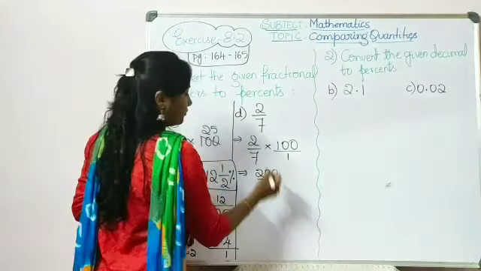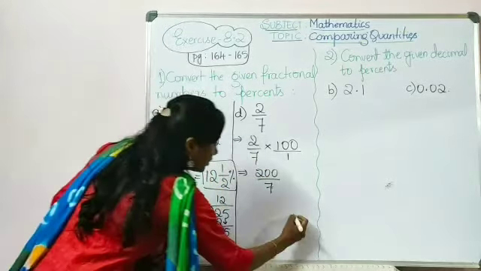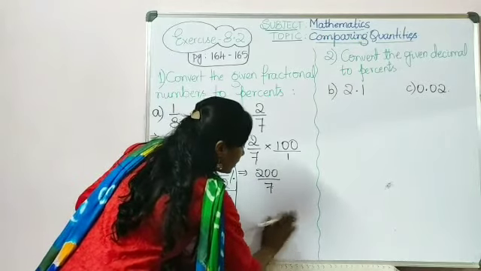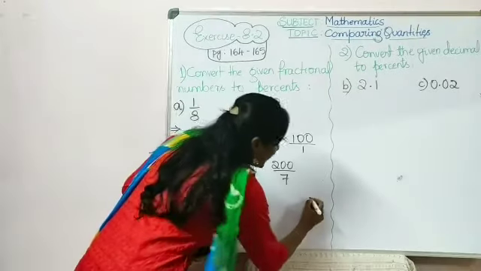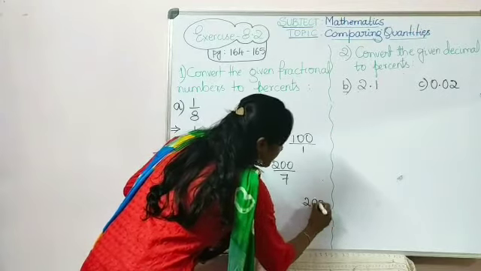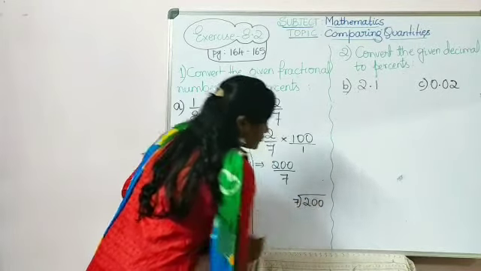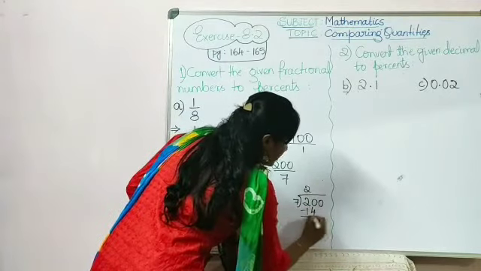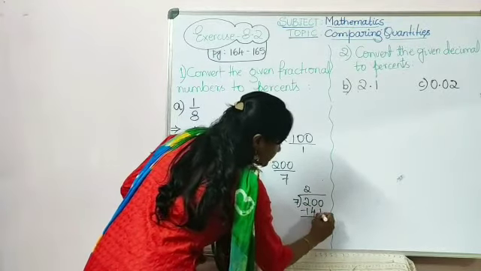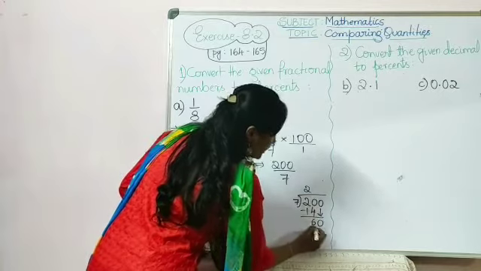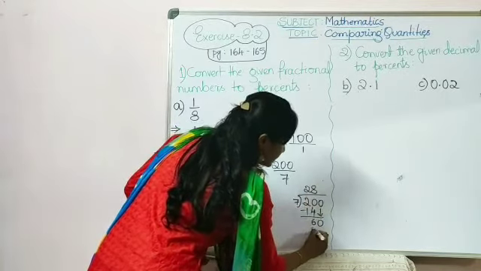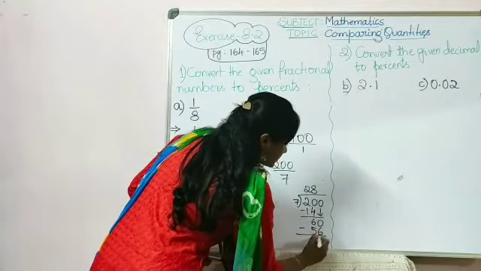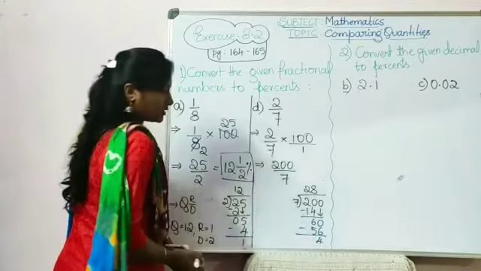Now I have to convert this into a mixed fraction. What I am going to do is divide 200 by 7. When I divide, I get 7 2s are 14. When I subtract, 6 remains, 0 comes down, and nearest to 6 is 7 8s are 56. Subtract, and the remainder is 4.